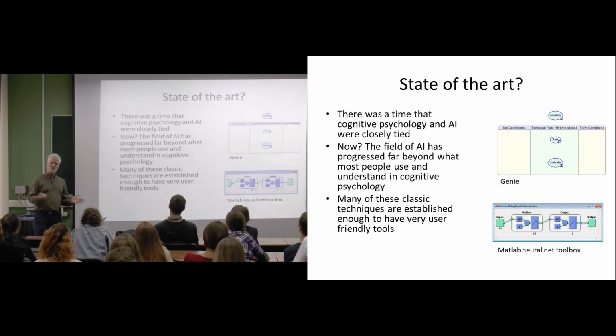Since then, computer science and psychology have diverged quite a bit, and computer science has gone far beyond what we are currently using in computational modeling in terms of algorithms. We're starting to merge back in again.